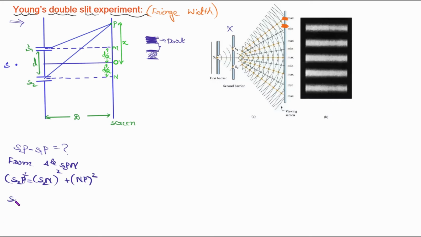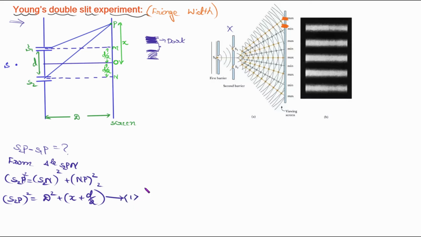So S2P whole square is equal to S2N square, the distance from here to here is D, so D square, plus NP. From here to here the distance is, from O to P it is X, from O to N it is d by 2. So X plus d by 2 whole square. Call this as equation number 1.